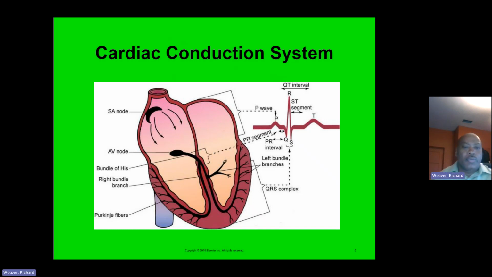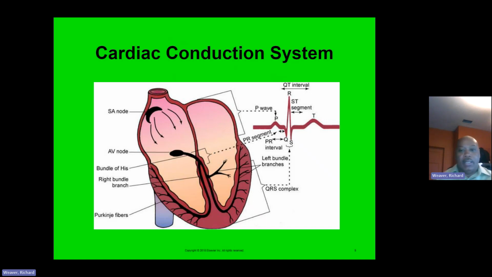This is, again, the electrical conduction system. The electricity is initiated first, and then the mechanical function or contraction of the cardiac muscle follows. This is how a pulse is generated and a blood pressure is produced.